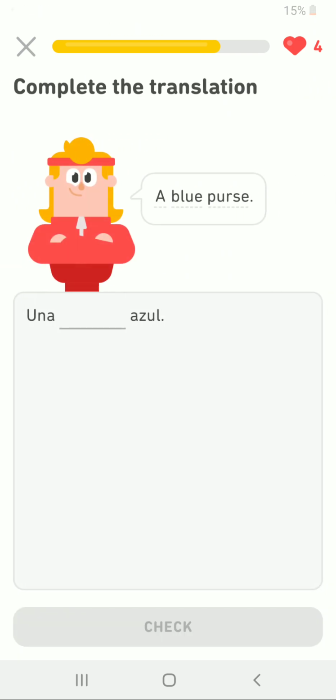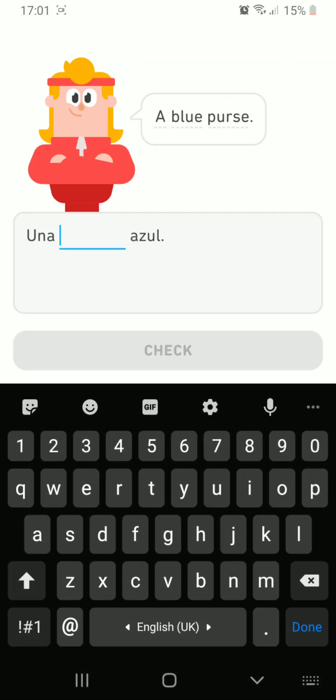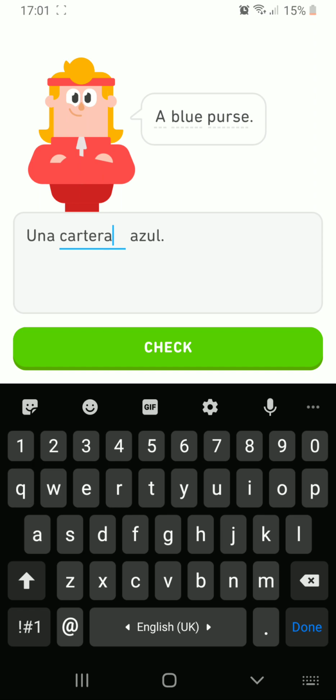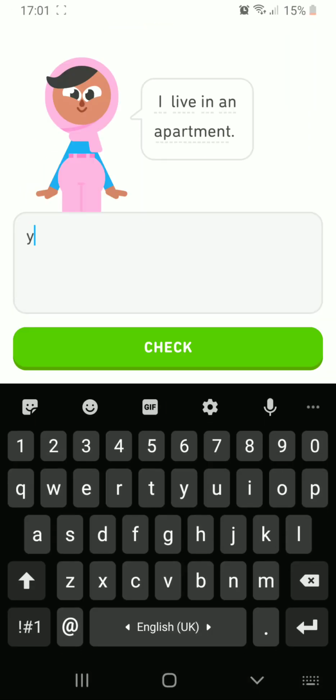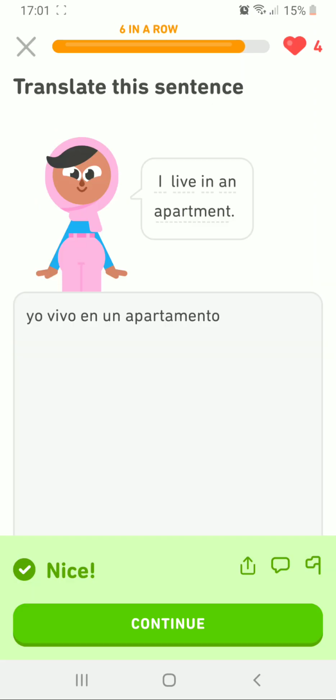Ella es inteligente. Una cartera, la cartera azul. Y yo vivo, vivir, yo vivo. Donde vivo en un apartamento. This is correct.